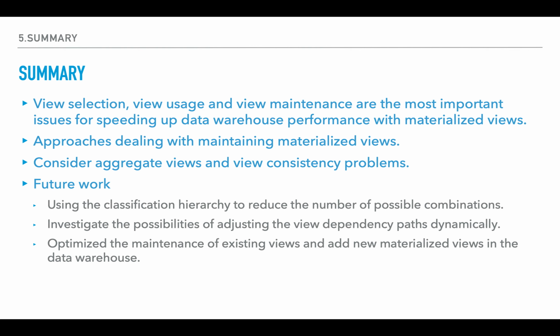In this paper, we mainly discuss three steps: view selection, view usage, and view maintenance for speeding up data warehousing. Firstly, we consider selecting the right pre-aggregation and then focus on the maintenance of pre-aggregation based on several influence factors, such as type of modification, query language expression, and information for maintenance.